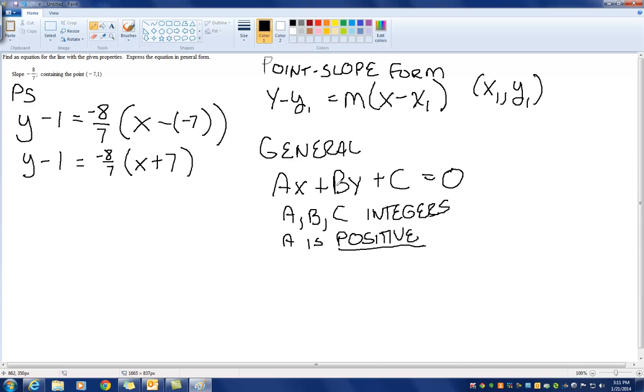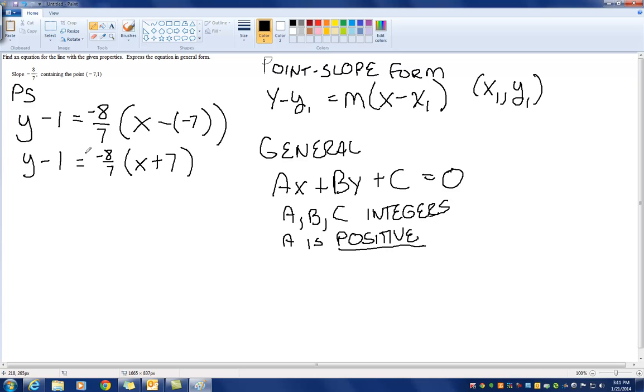Okay, but we want it in this form, so we've got to do some algebra to move things around. That should be okay, simple enough. First of all, a problem is going to be caused by this fraction. It's going to make some things into something other than integers. So I'd suggest we make this not a fraction.